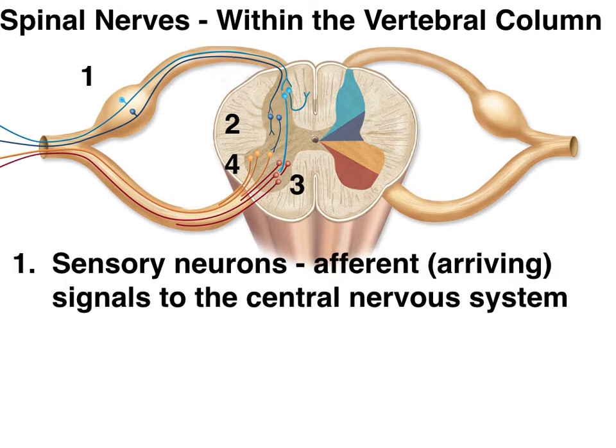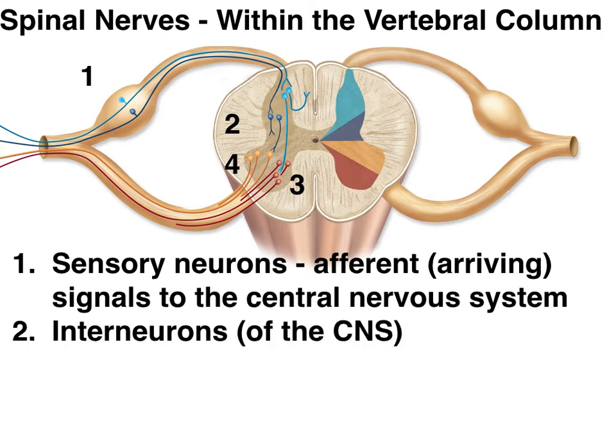At number 2, there are interneurons of the central nervous system. If appropriate, the interneurons could handle a reflex response, which would be just carried out through the spinal cord. Or there can also be interneurons in the brain that need the information. And we would have further sensory neurons that will go up the spinal cord through one of the tracts of the posterior funiculus to carry that information to the brain.